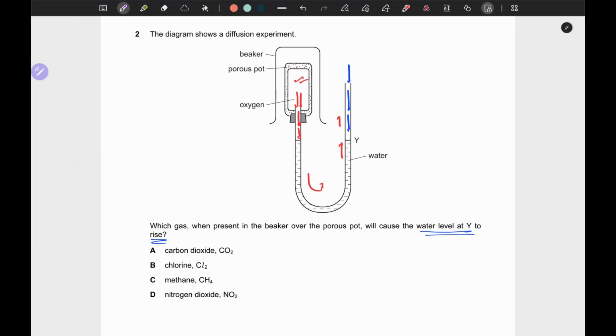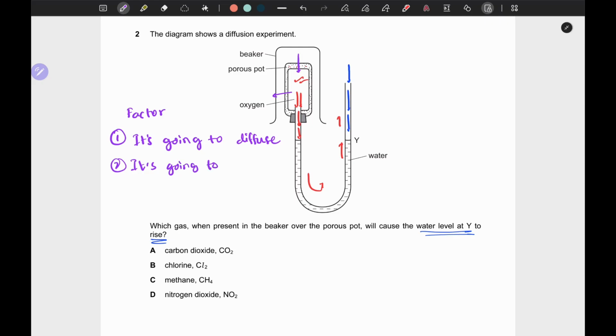Now, the feature of a porous pot is not only does it allow the oxygen to diffuse out, it also lets any gas in the beaker diffuse in. So we need to think of two factors. Factor 1, it's going to diffuse. Factor 2, it's going to diffuse faster.